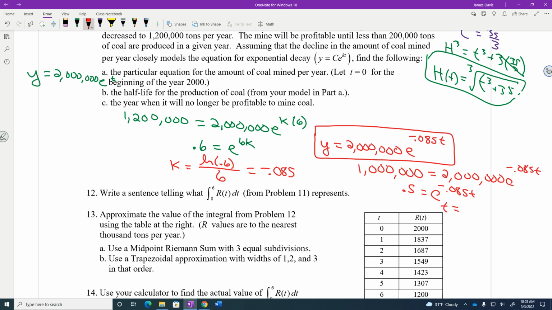Okay, so that's it. I don't like that it doesn't tell you how to round here, because it can change, but I guess we could say approximately 8 years.